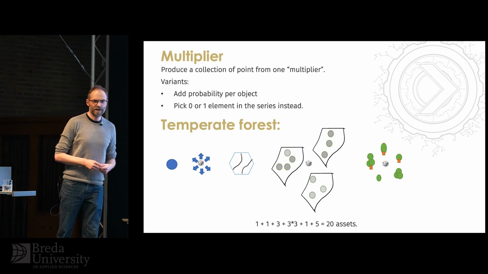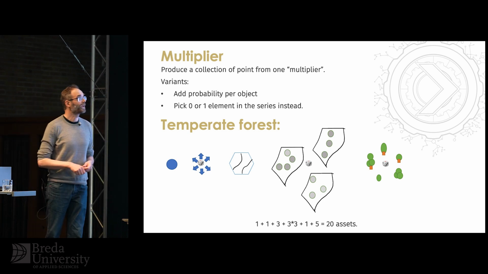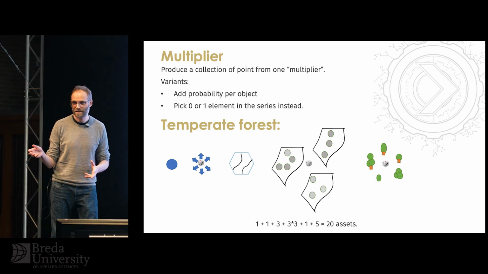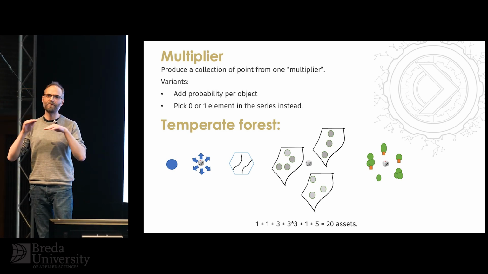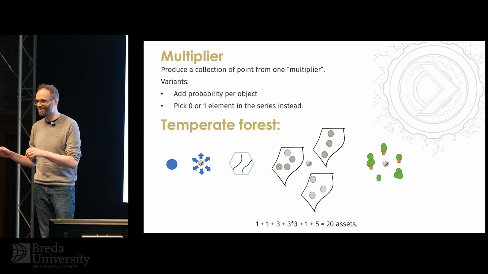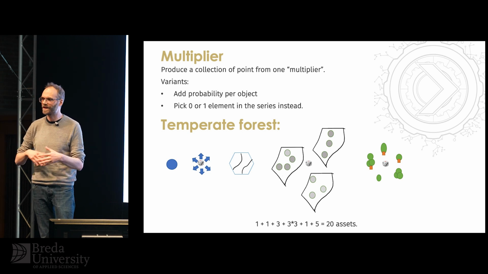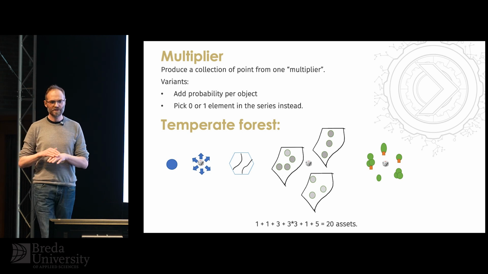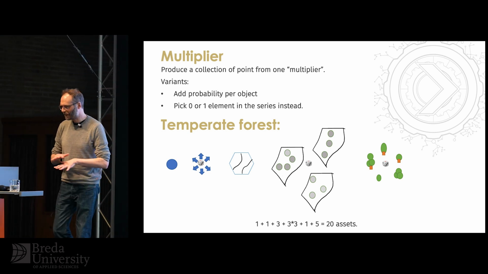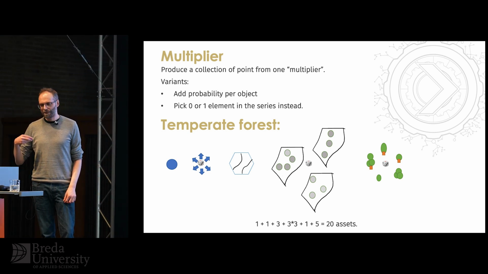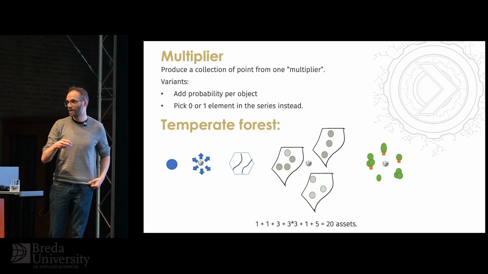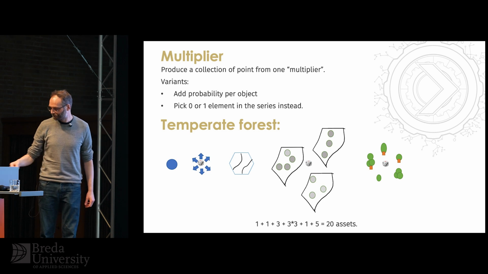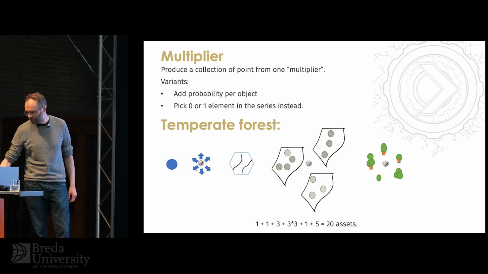There is also some variance. First, you can add probability per object. It's very simple. Don't forget that everything runs on the GPU, so you cannot afford to have very complex rules. Everything should be very basic. You can add a probability for each generated point, so there is a chance that the object doesn't get produced.